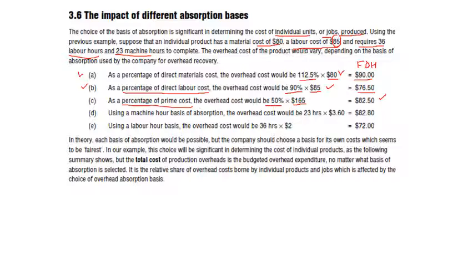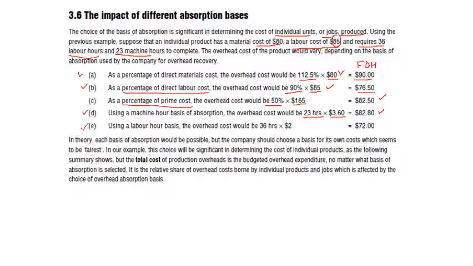Then the fourth one was the machine hour basis of absorption. 23 hours were required to complete a product, and we have already calculated the machine rate of $3.6 per machine hour. So $3.6 per machine hour multiplied by the number of hours, we get $82.80 of FH.